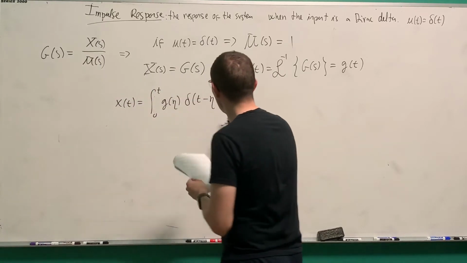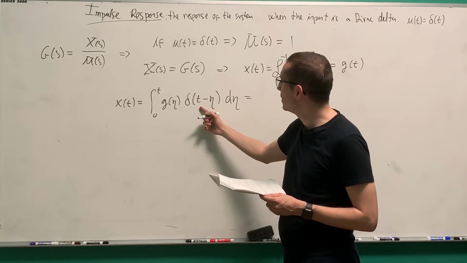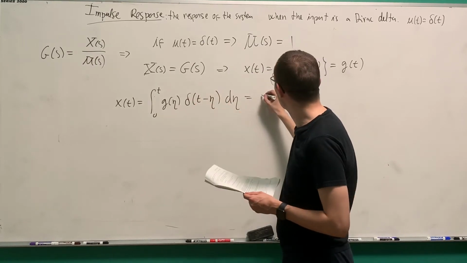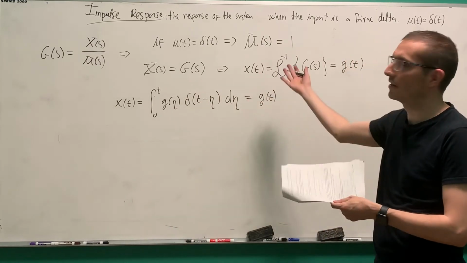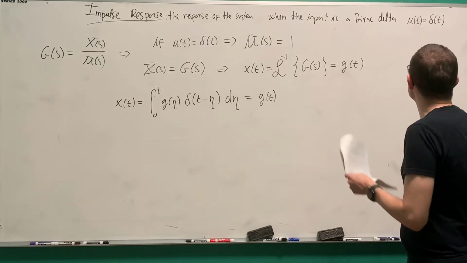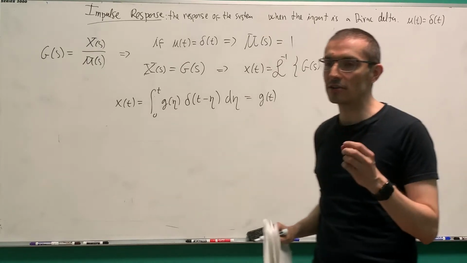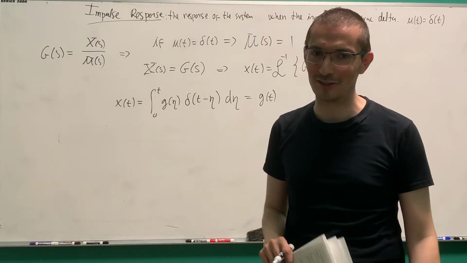What I get here is, all right, this selects the value eta equals t, and this only gives me g evaluated at t, g at t, right? You can say it like that as well. I proved it in two different ways. All right, so nice. If I drive my system with a delta, then the response of the system happens to coincide exactly with the transfer function.